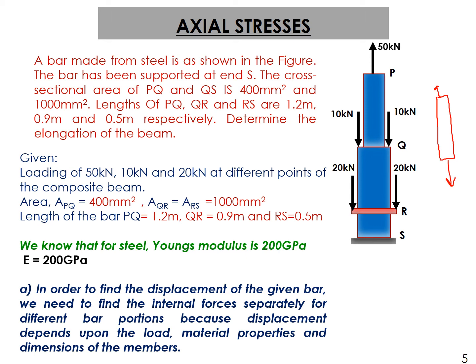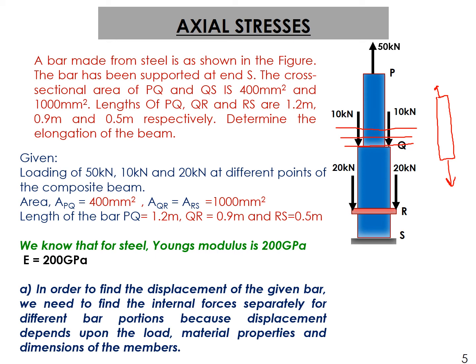Now, how to take the internal forces? I will take this member PQ, with ends P and Q. In this PQ, you can take a section anywhere, here or here.